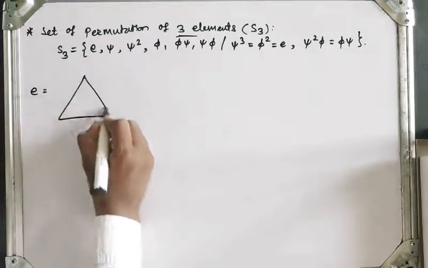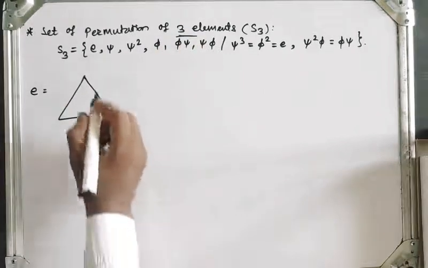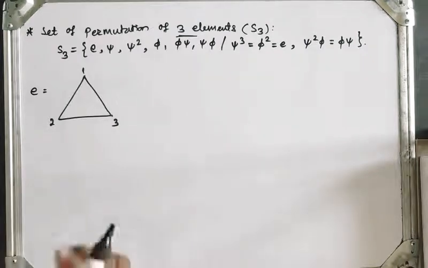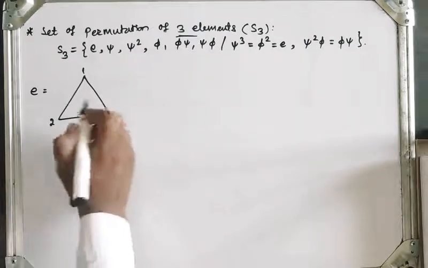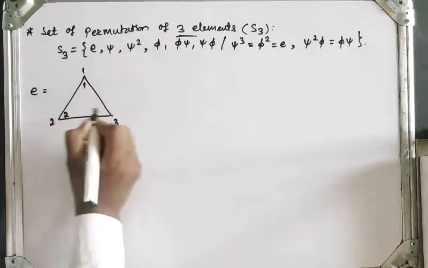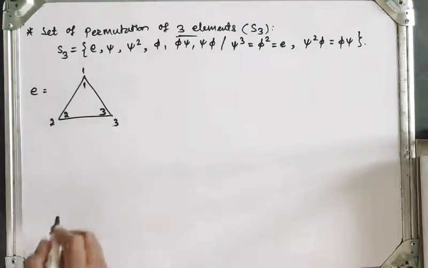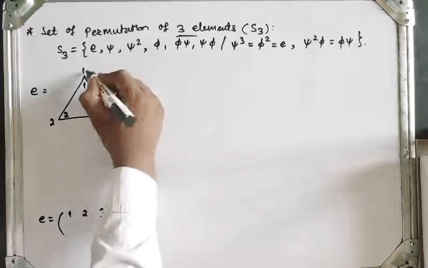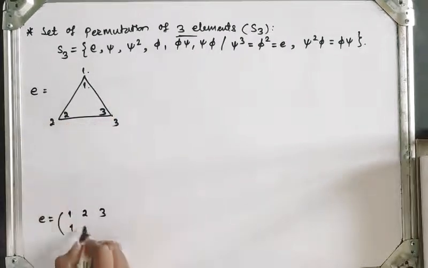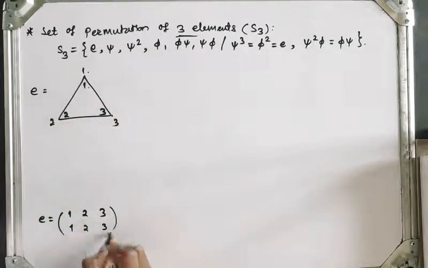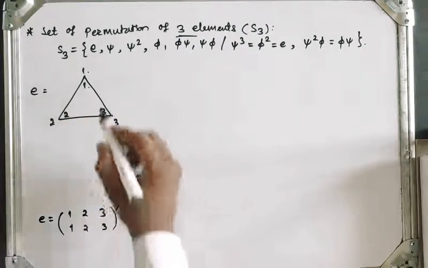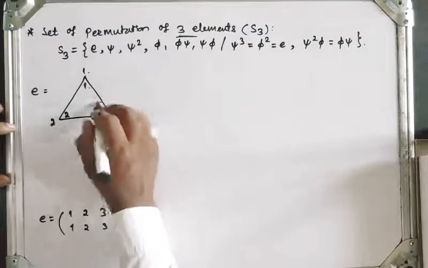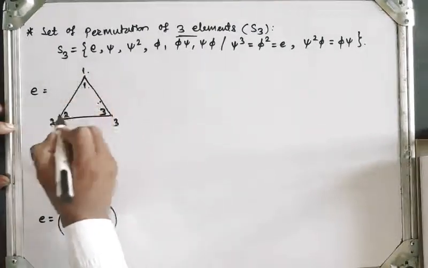Here there are three elements, so I will write 1, 2, 3. 1 goes to 1, 2 goes to 2 and 3 goes to 3. So this is the identity element. Now this element I will rotate in the anti-clockwise direction.